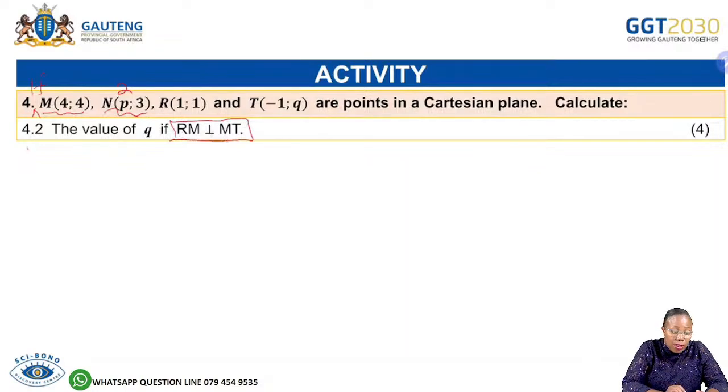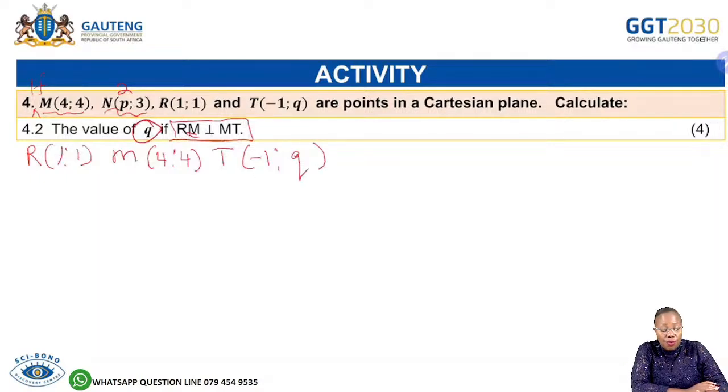So we need coordinates of R because R is part of our points. And then we need coordinates of M, which is 4 and 4. And then we need coordinates of T, which is minus 1 and Q. And this will lead us to the calculation of Q. So now where do we start? We start from what is given to you.